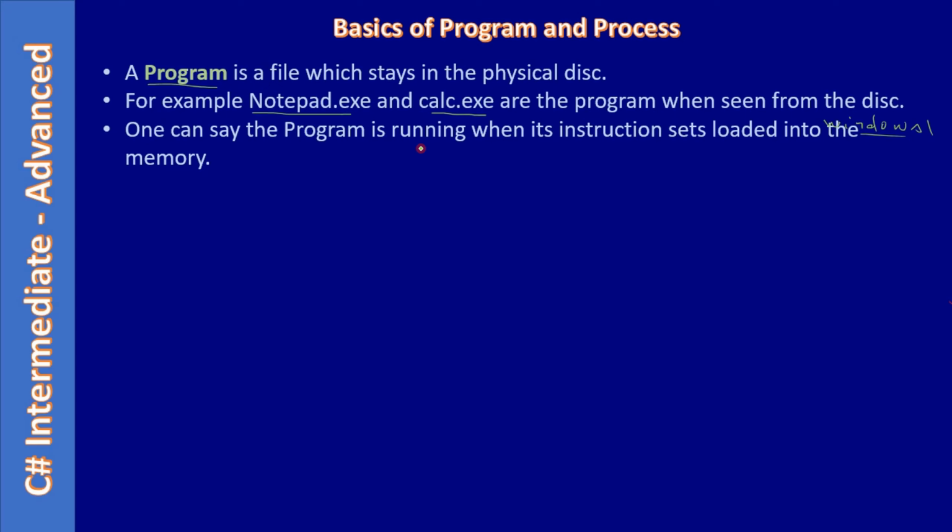So when instruction sets are loaded, that means a program is an instruction set, right? The executable loads into the memory, random access memory, and from here the instruction sets are again loaded into the processor, or we can say the microprocessor.